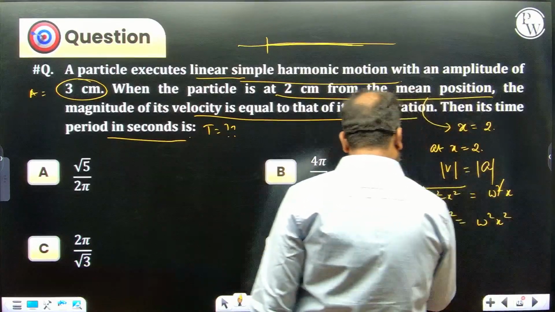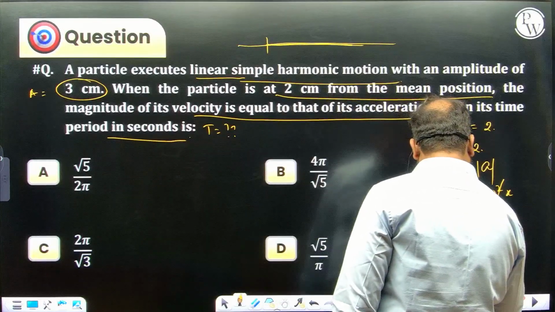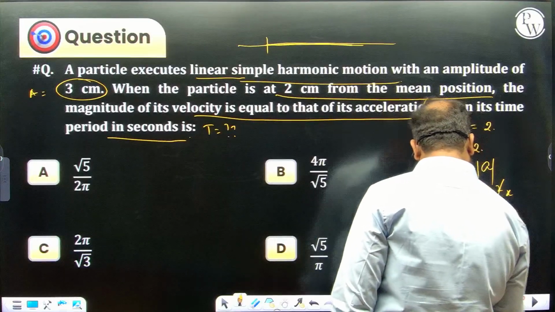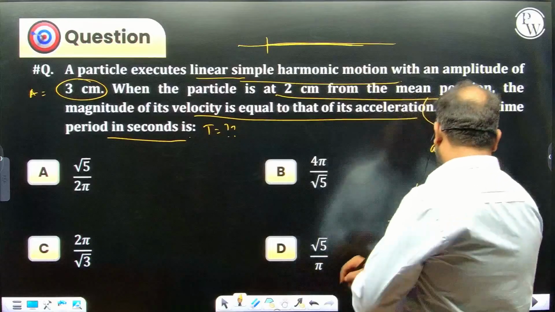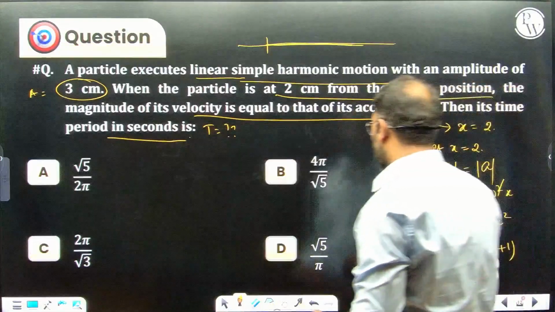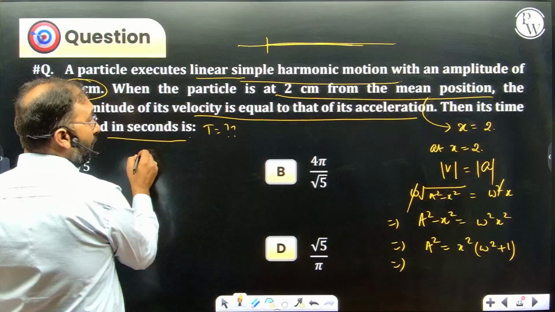So from here I'm getting a square equals x square common, omega square plus 1. The value of a is given, and x value is also given. The a value is 3, and x value is 2.